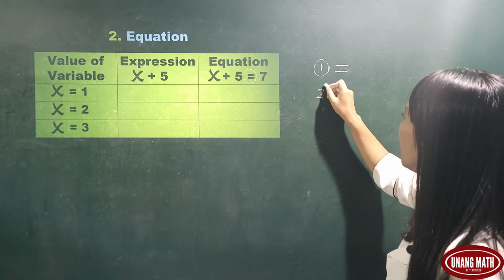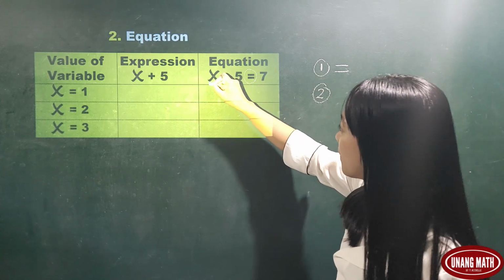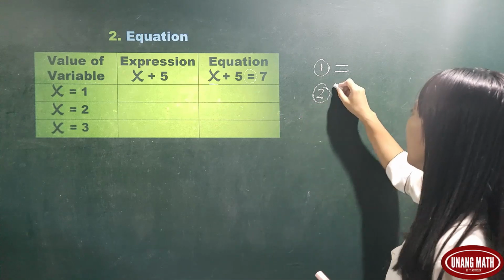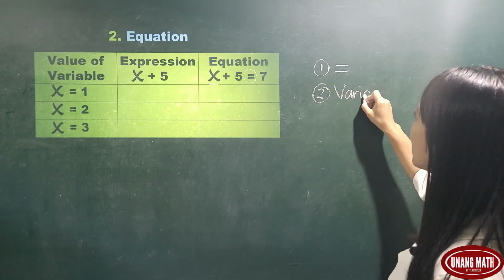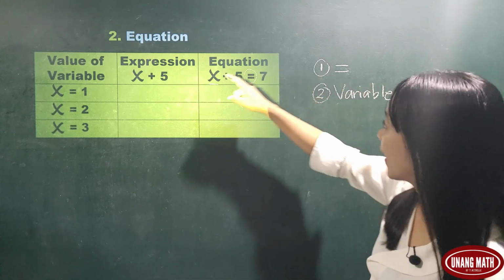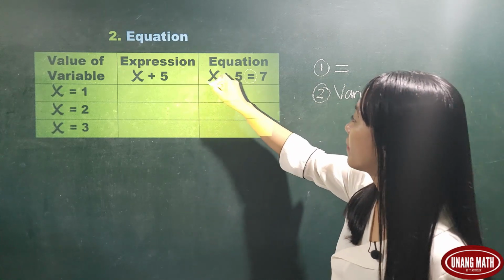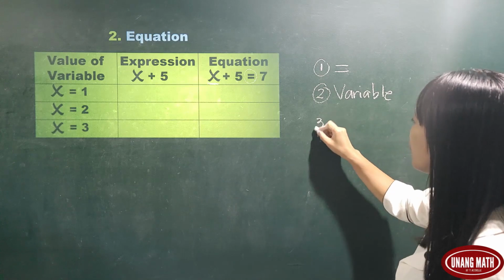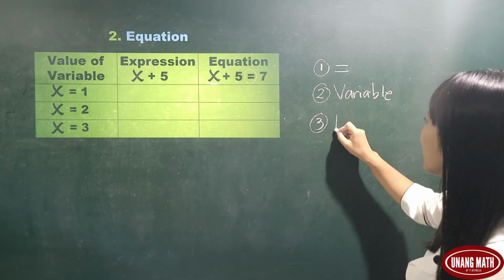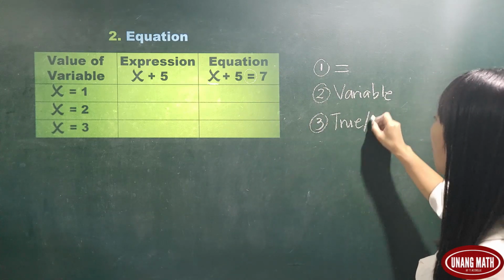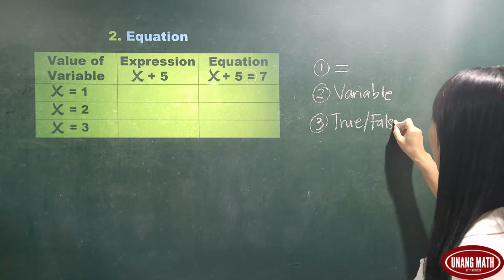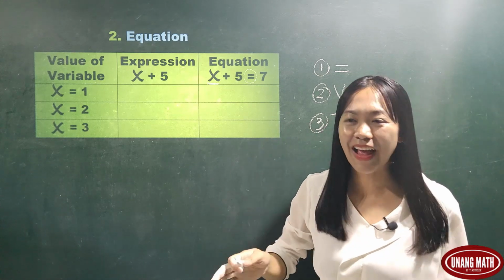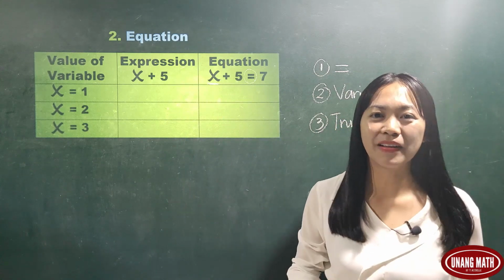Second, equation has variable. So in this equation, x plus 5 equals 7, x is the variable. And in the third condition, equation can be true or false, depending on the value of the variable.